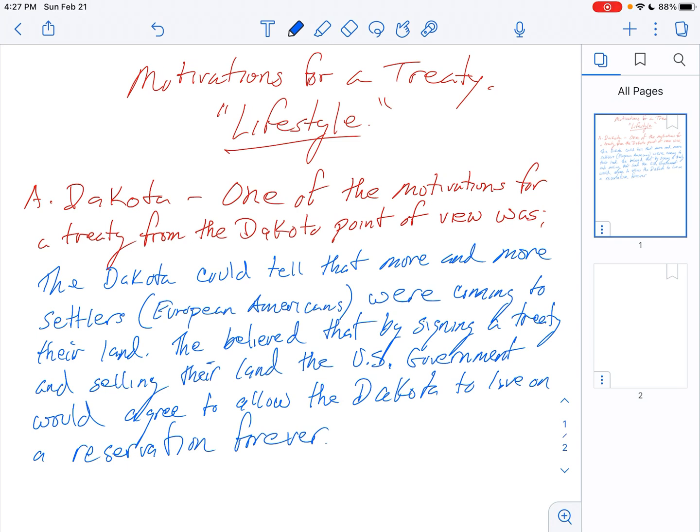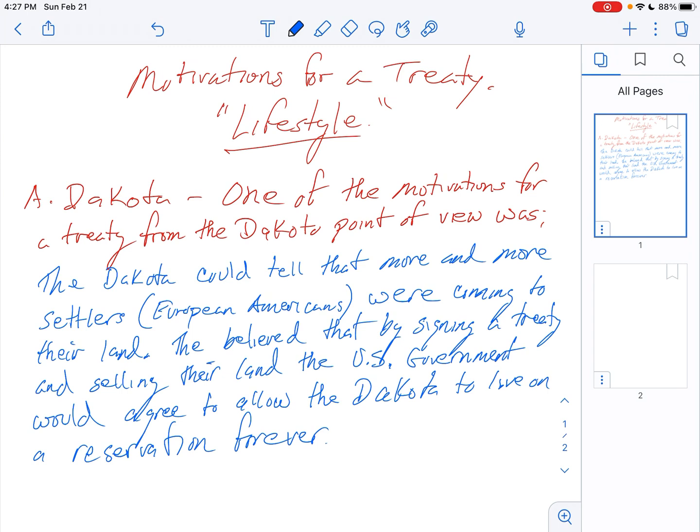They could see that settlers were coming. More and more of them were coming, all right? And they knew that their land was going to be gone anyway. So they believed that by signing this treaty, selling their land to the United States government, the government would say, okay, you would get a reservation, because that's one of the promises they made.